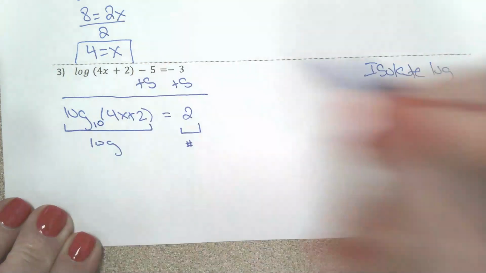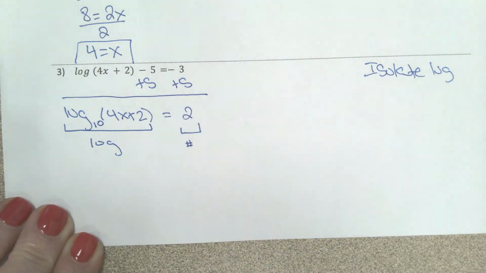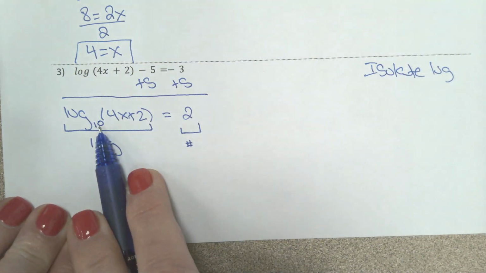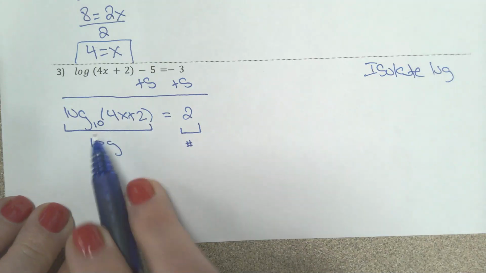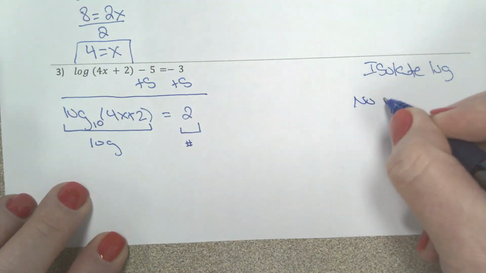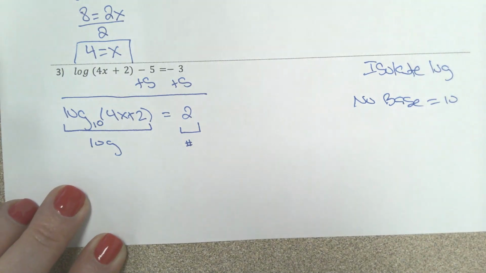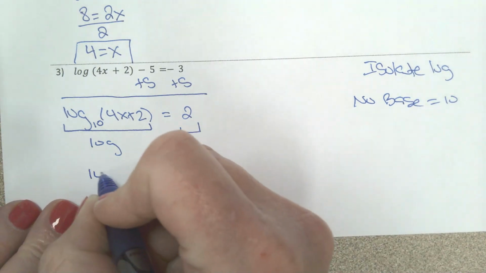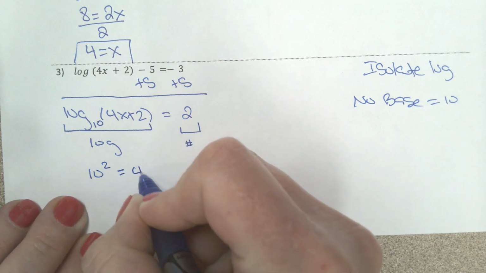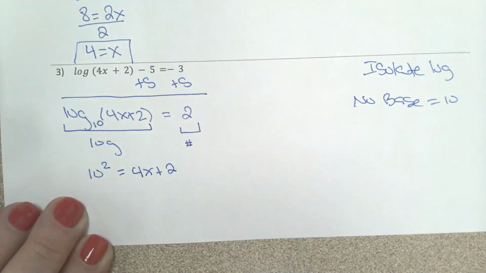And this means that you have a base of 10. So no base means it's 10. Now I can change form. So I have 10 to the second equals 4x plus 2.